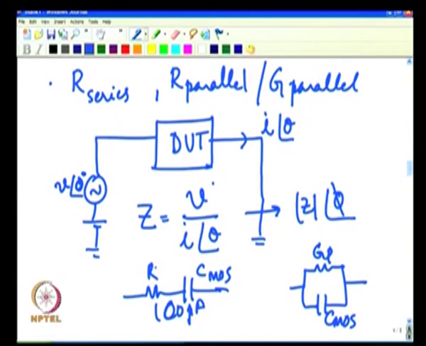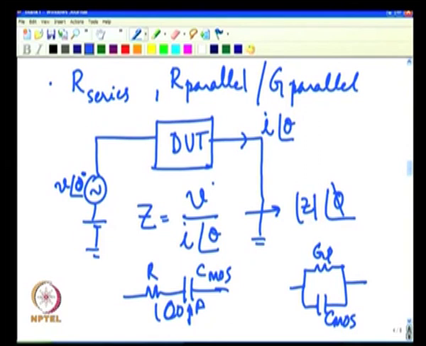If you resolve it like this, you get infinite conductance here. It is like an open circuit, this branch is open if it is an ideal capacitance, and you get the same 100 picofarad here. This is only if there are no other non-idealities, external or internal.